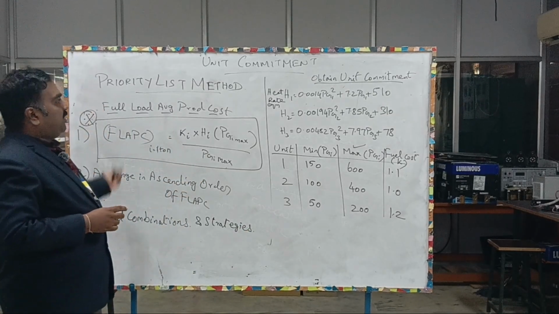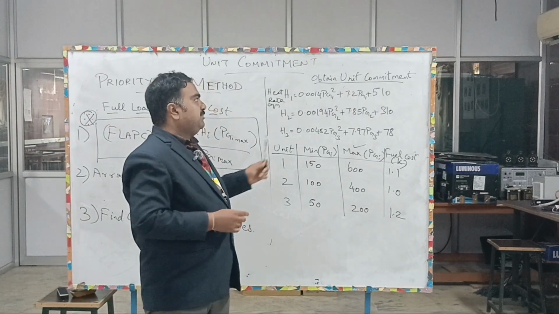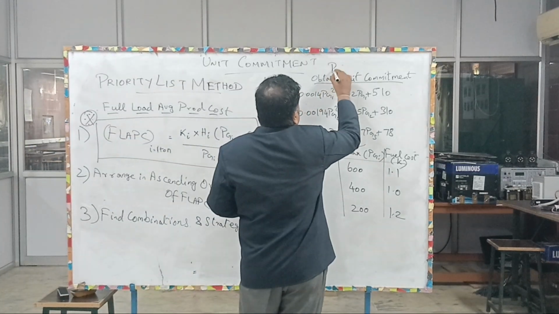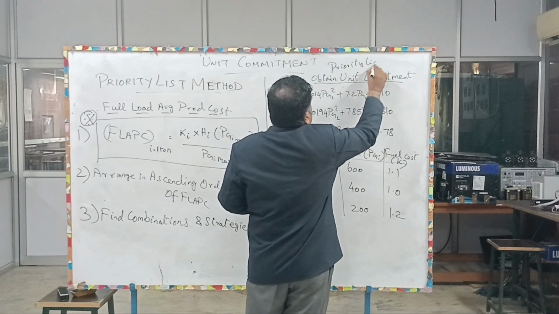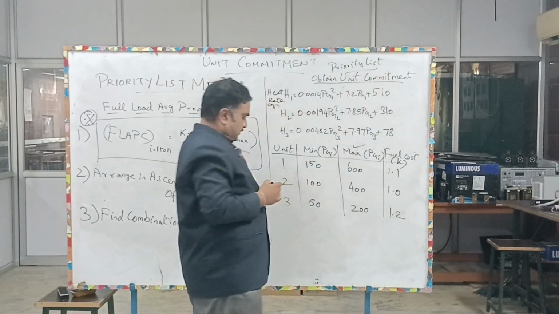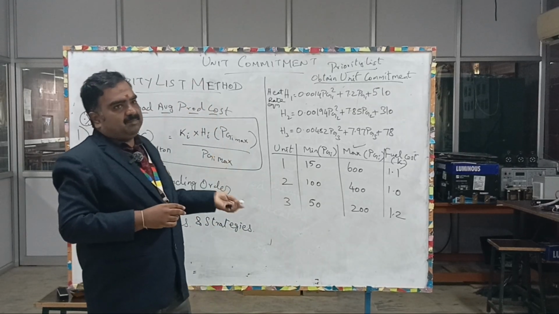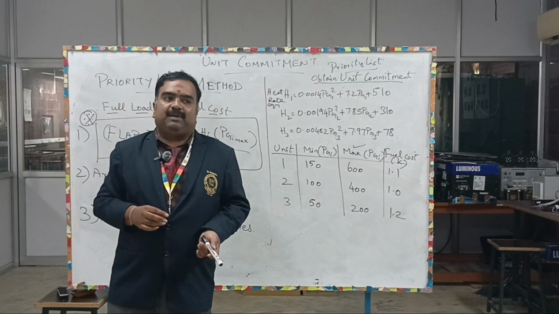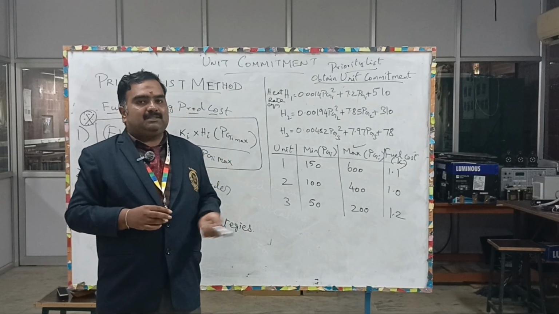So, with the help of this method, we are going to solve this unit commitment problem given here using the priority listing method. Generally in examination, if they ask you to solve using priority listing method, you have to use that method, or if any other method is asked, then you have to use that respective method.